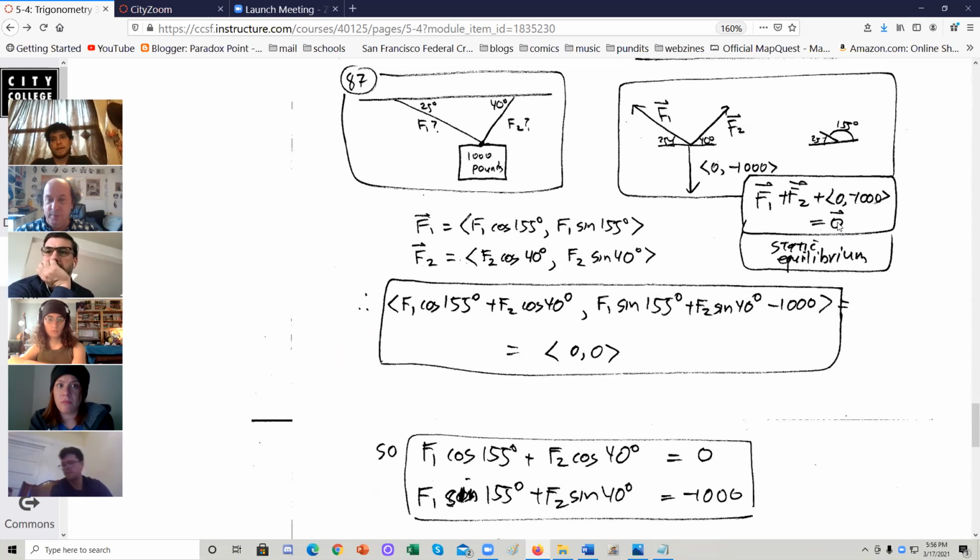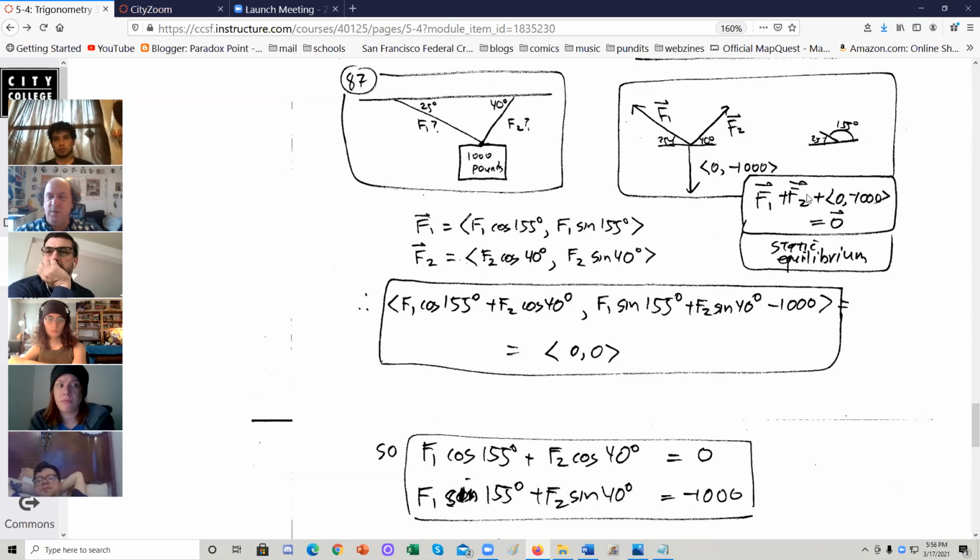Static equilibrium. This is at an angle of 25 degrees, and the supplement of that is 155 degrees. So F1 is (F1 cos 155, F1 sine 155). F2 has components (F2 cos 40, F2 sine 40).